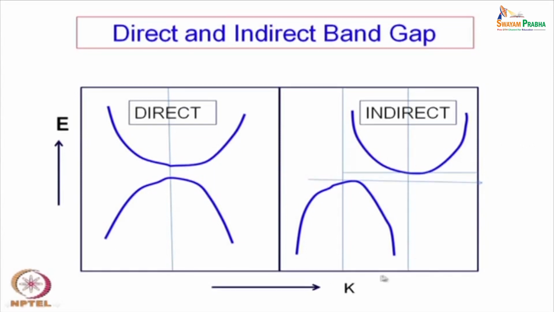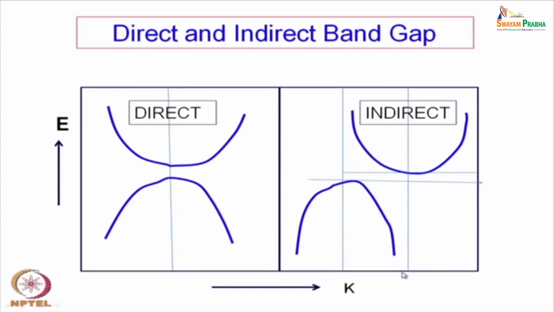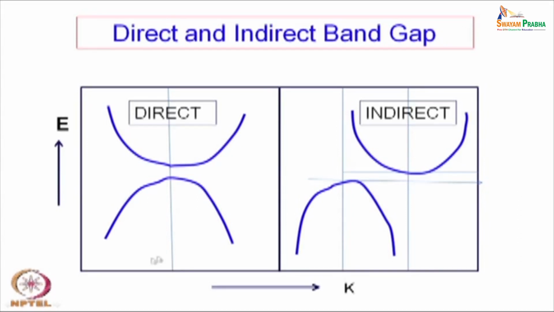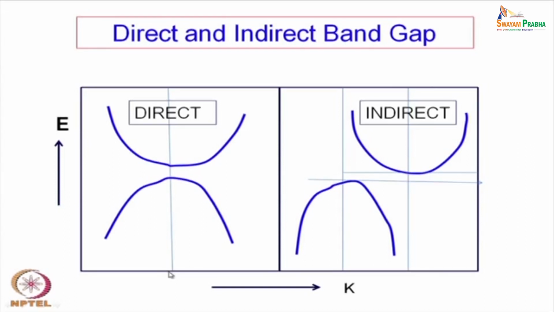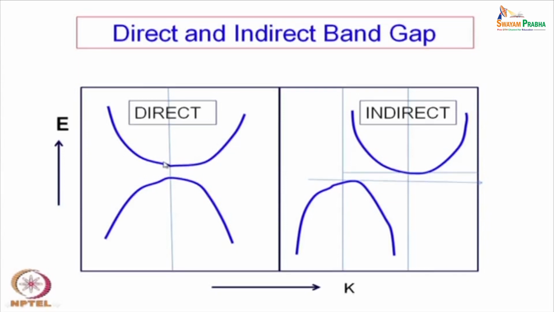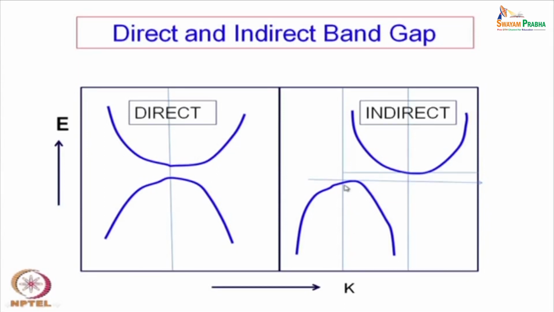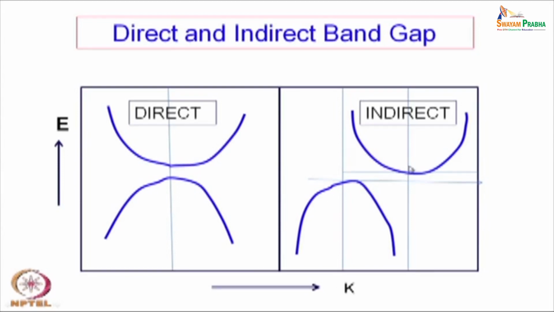So, there is a gap, a distance between this k value and this k value, whereas here there is no such distance; two k values do not exist, the single k value has the maximum and the minimum. Here the maximum is for one k value and the minimum is for another k value.